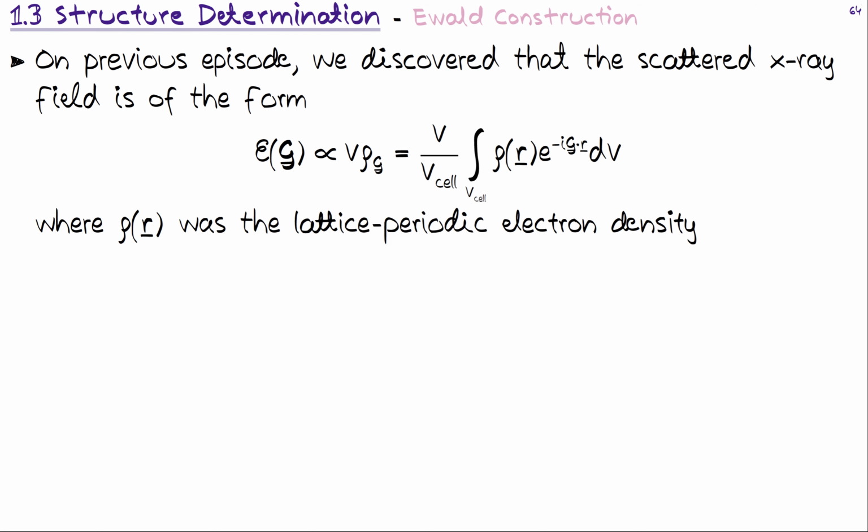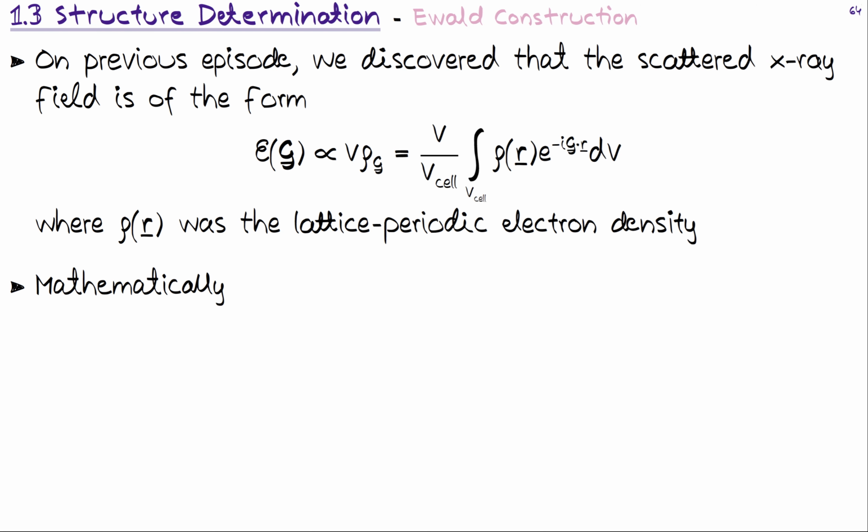And we know that it's electron density, not just charge density, because we are not integrating over atoms or ions, we're just integrating over electrons. So rho, the electron density, was the lattice periodic electron density we want to figure out.